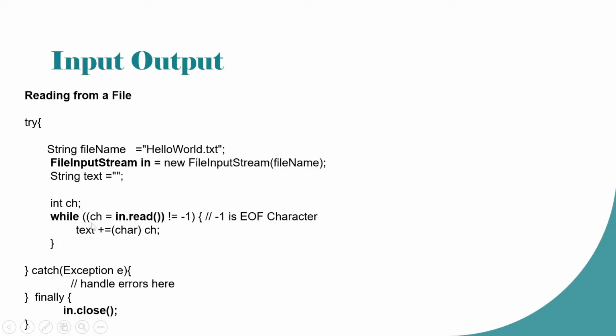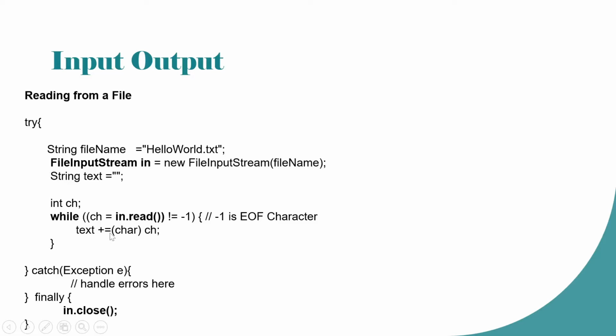What this code is going to do is it's going to read one. Now if you see here, I've declared ch as an integer, an int. So this is going to read one number from the file, one number at a time. And in this line here, we're going to use a technique called typecasting.